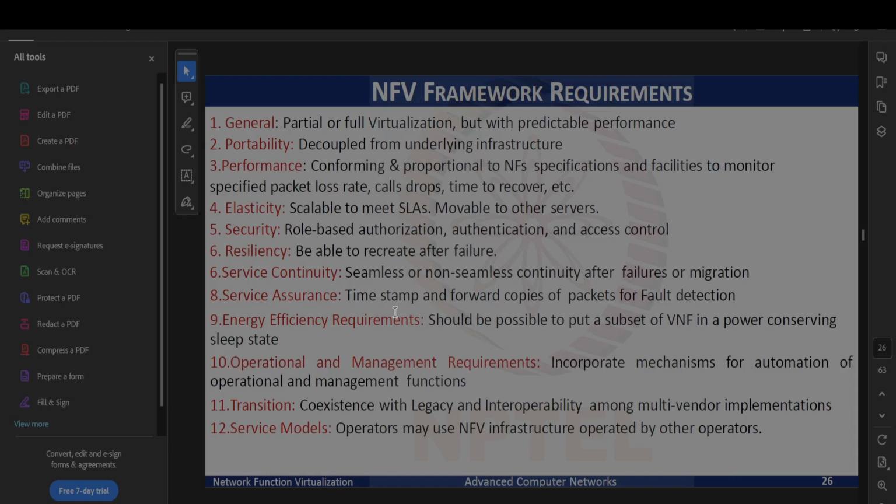So when someone is converting a network function to an NFV, there are certain aspects laid out by the standards body that need to be met.